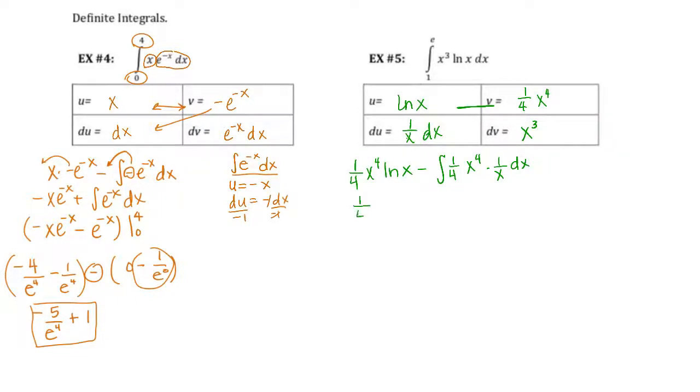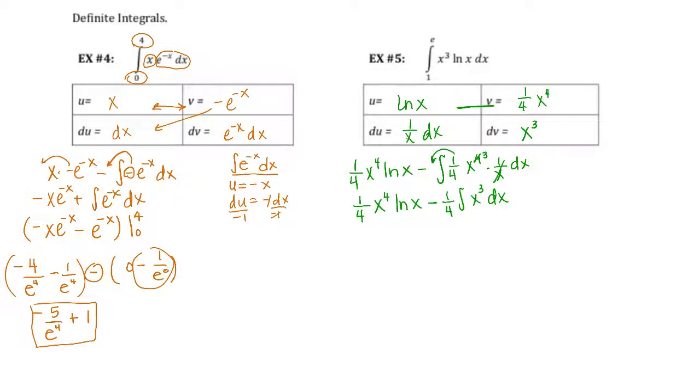So I have 1/4 x to the 4th natural log x minus, now this 1 over x will cancel, and so that's going to give me x cubed. And I have a 1/4 there, and I'm going to move that outside because it's just a constant. So I'm integrating x cubed dx.